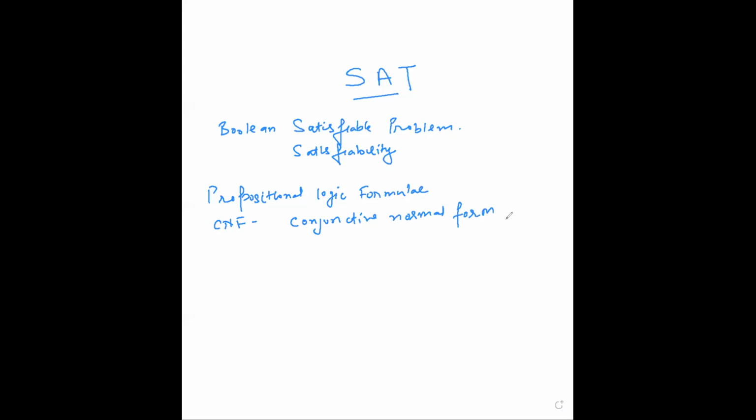So what we are studying is the Boolean satisfiability problem, or what we call satisfiability. And further, for that, we need a propositional logic formula or a CNF, which is given with a phi or psi symbol.